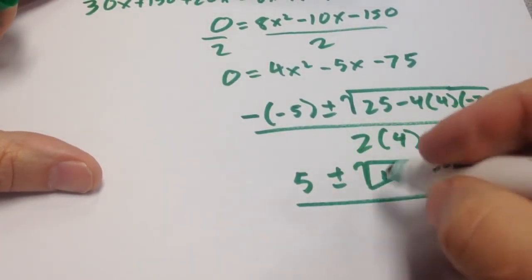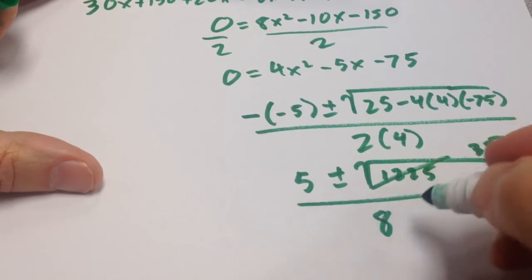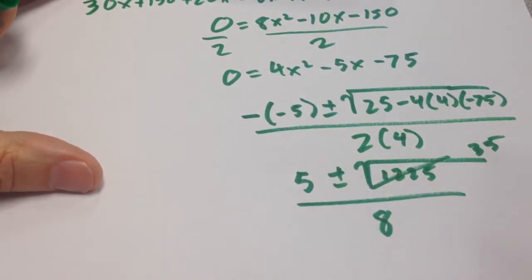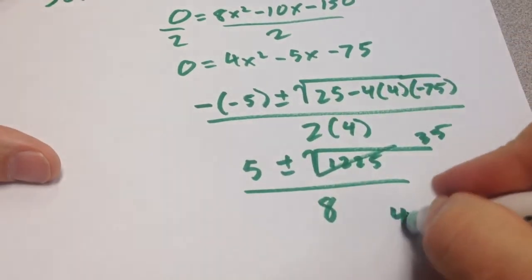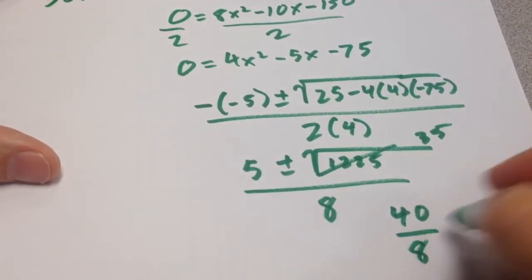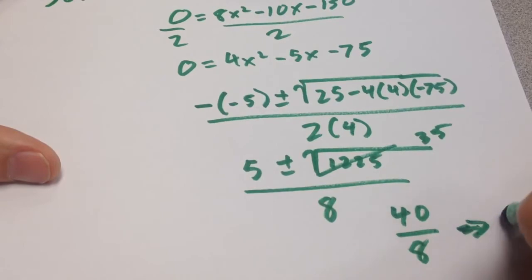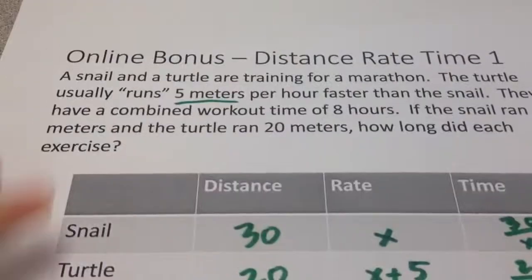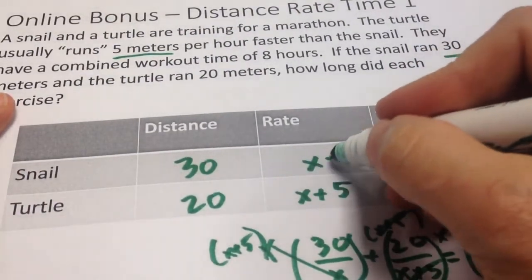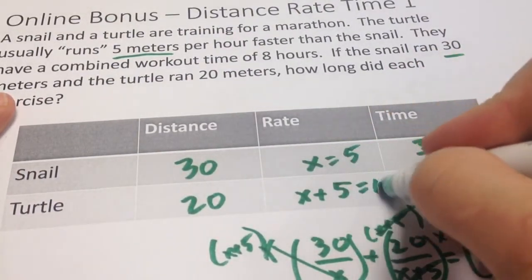So it's 5 plus or minus 35 over 8. The 5 minus 35 is going to give me a negative number, which doesn't even make sense. The 5 plus 35 is going to give me 40 over 8, or 5, which means, if I go back to my original problem, this would be 5, which means this would be 10.